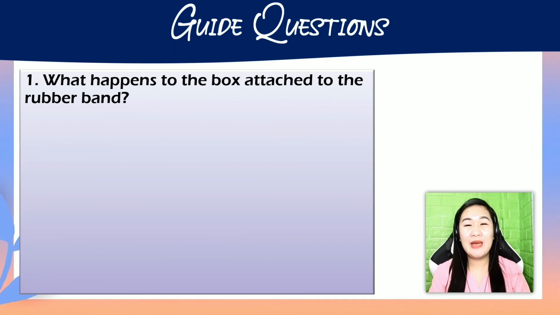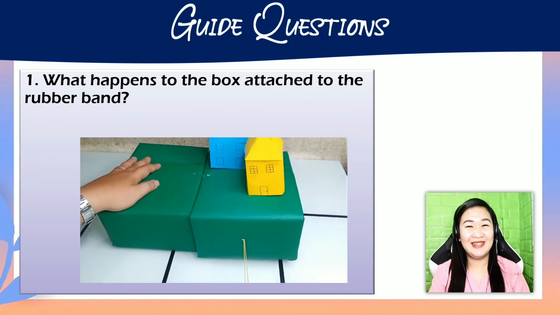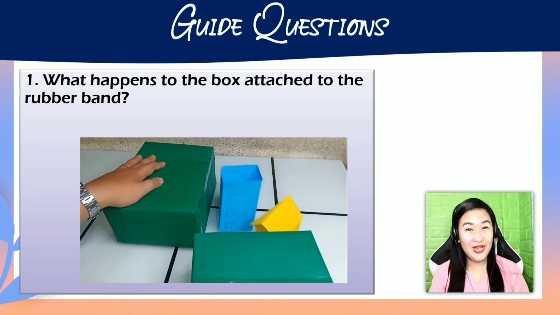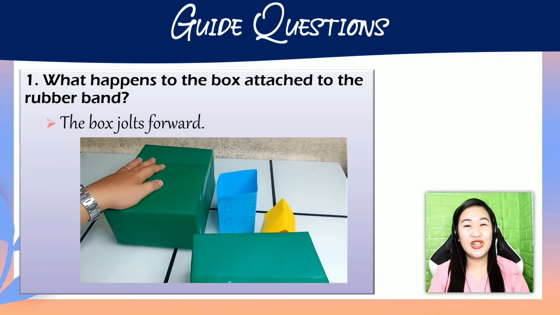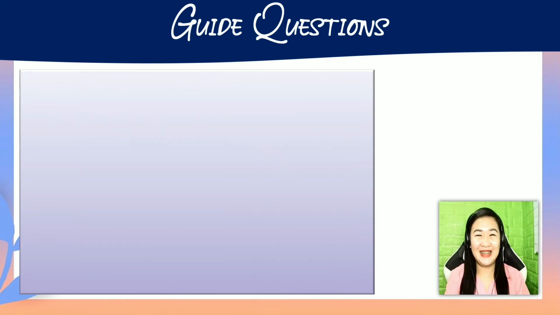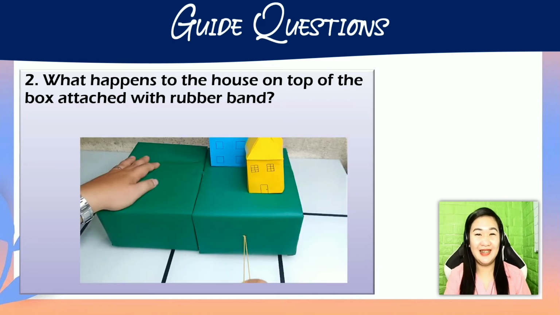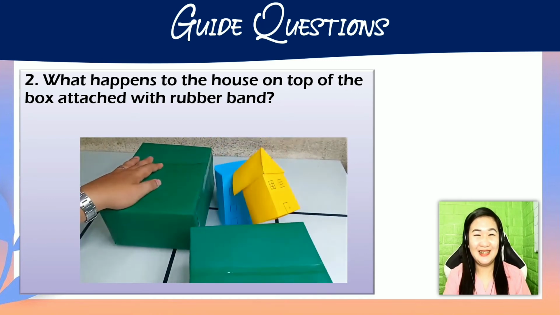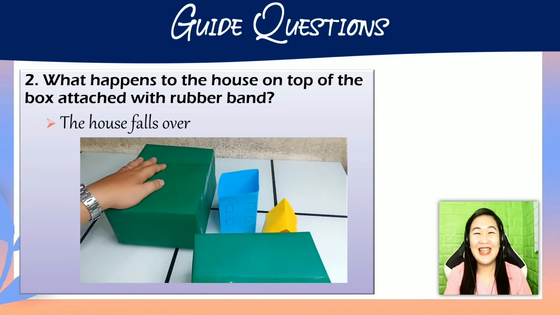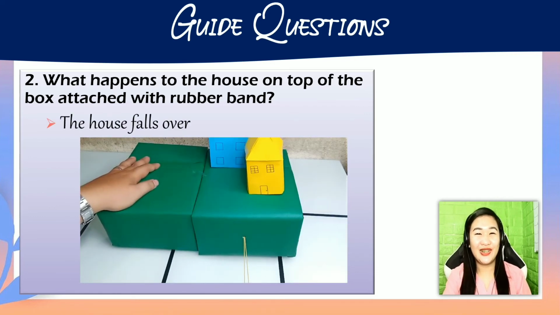First, what happens to the box attached to the rubber band? Very good. The box jolts forward. Next, what happens to the house on top of the box attached with the rubber band? That's great. The house falls over.